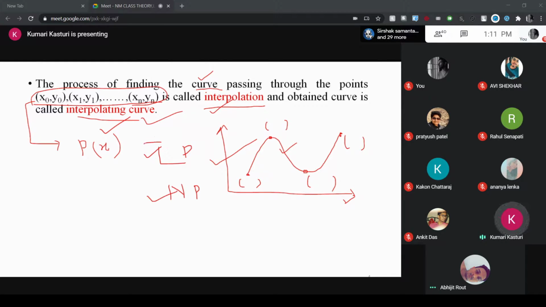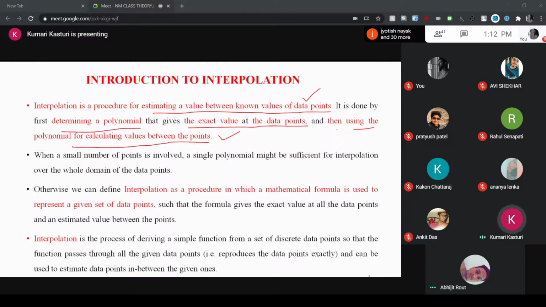By using either the Lagrange polynomial or the Newton polynomial, you get one polynomial. From that polynomial, you put in the x values, and with respect to those x values you get P(x), and you draw the curve on those points. The same thing is written here: you have to get a polynomial for calculating the values. Okay, so that is the meaning of your interpolation.